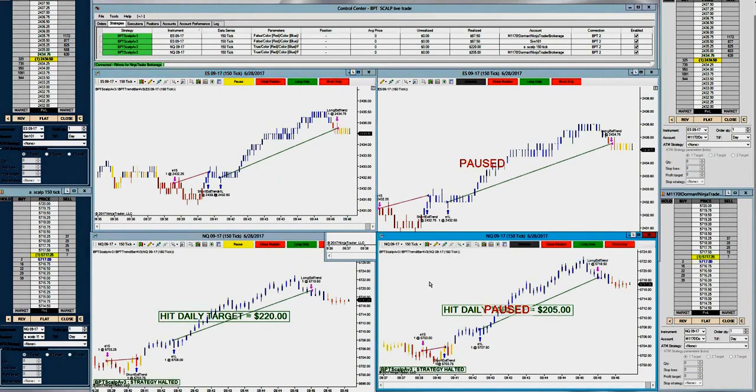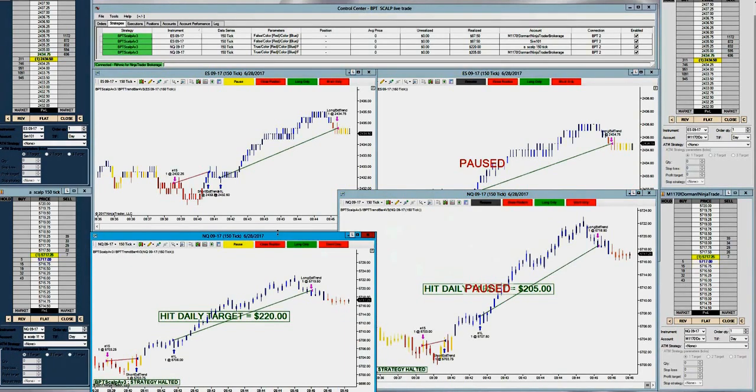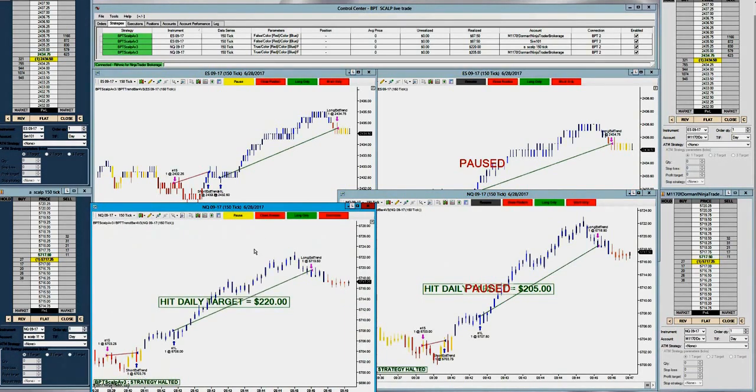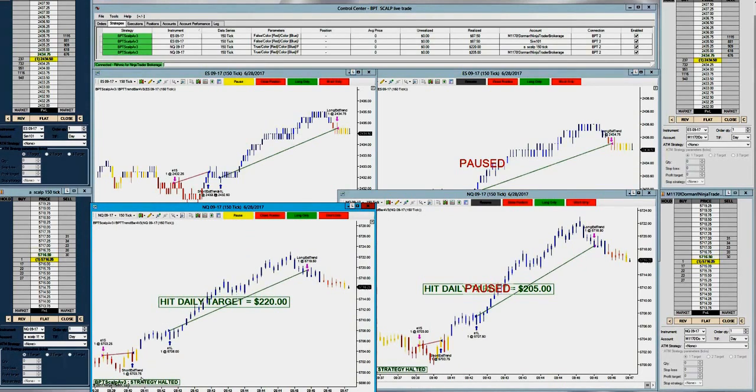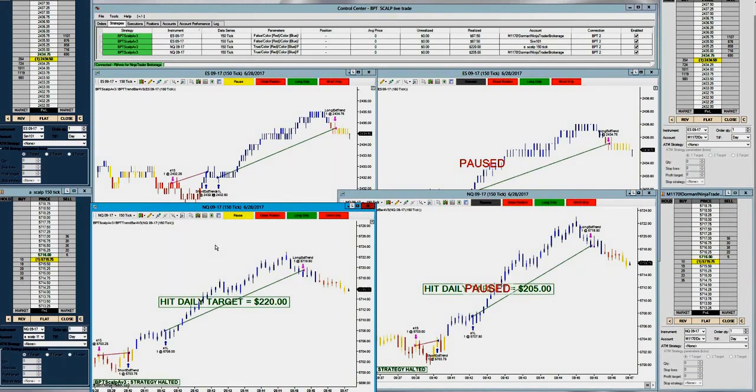And then on the second one, we have 3 ticks difference on 2 trades. So we have one losing trade and one winning trade, and on the 2 trades we had 3 ticks difference, and this is not bad at all. 220 and 205, and then the ES.